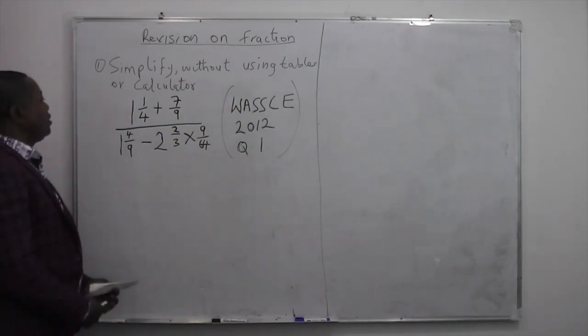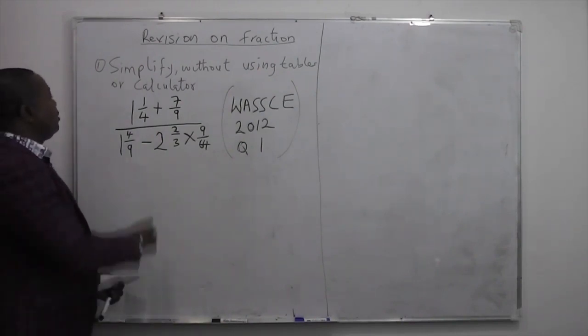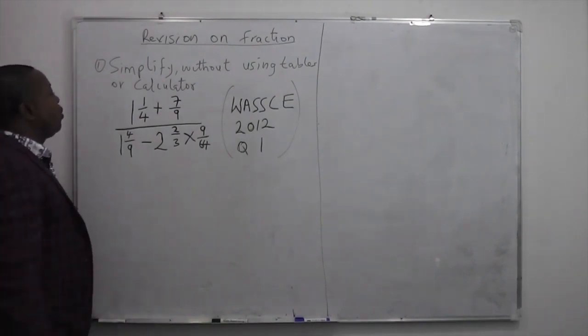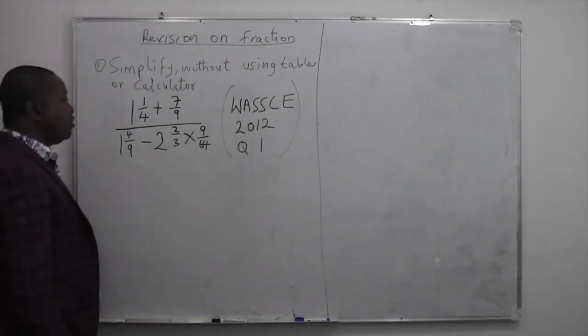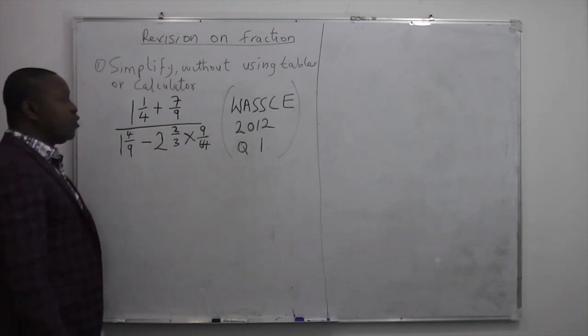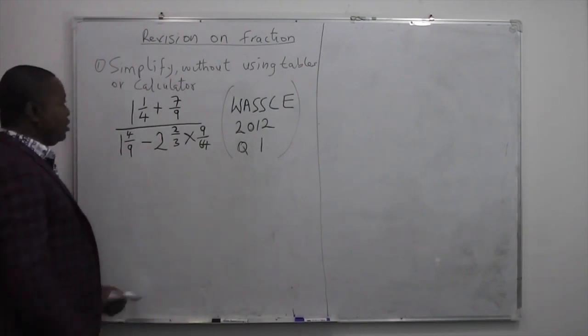Now, we start by converting this number to improper fractions. Remember, this is fractions. I'm going to be applying the BODMAS. Is that understood? And let's start.